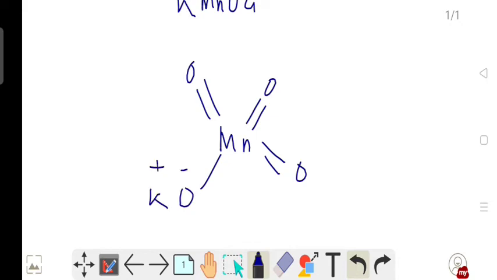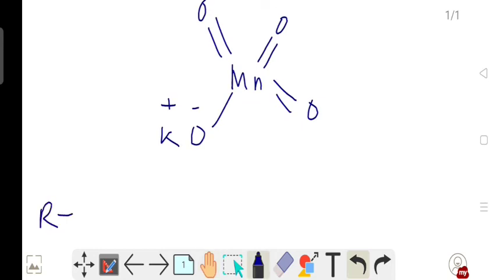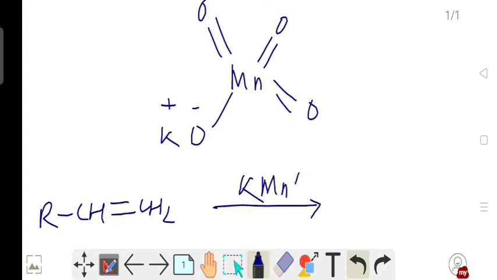This is the structure of potassium permanganate. If you use an aqueous solution of potassium permanganate with a double bond, for example this unsymmetrical double bond, then you can get the 1,2 diol product.